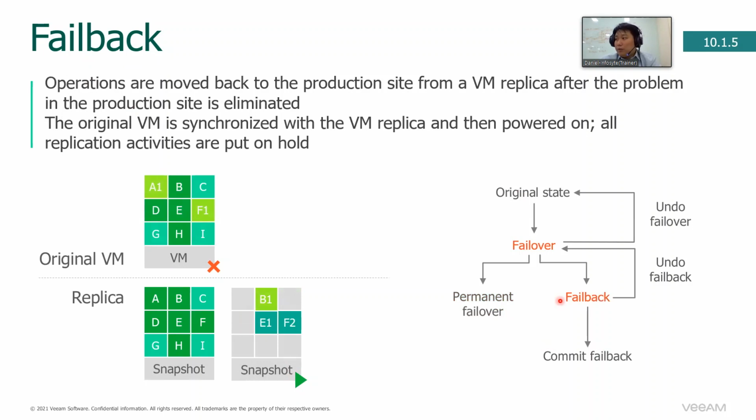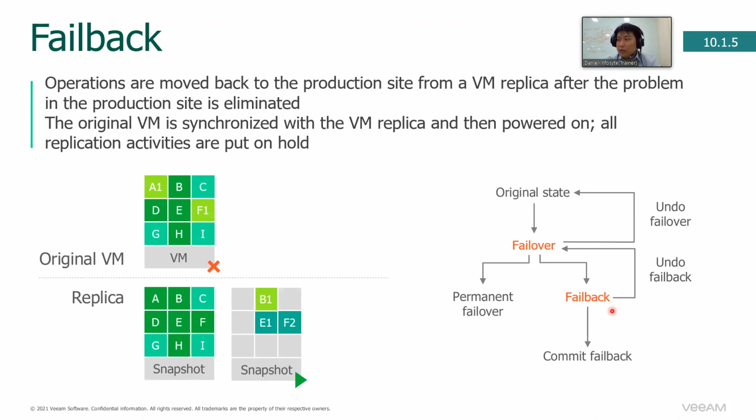So when do I perform a failback? If your original VM is now fixed, maybe due to a hardware issue, etc., the original VM is now ready for me to test whether the service can be up or not. Okay, so you can test it out first by manually powering on, or you can utilize Vim here to perform a failback.